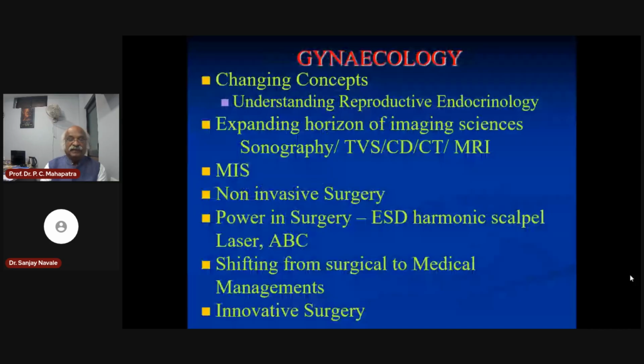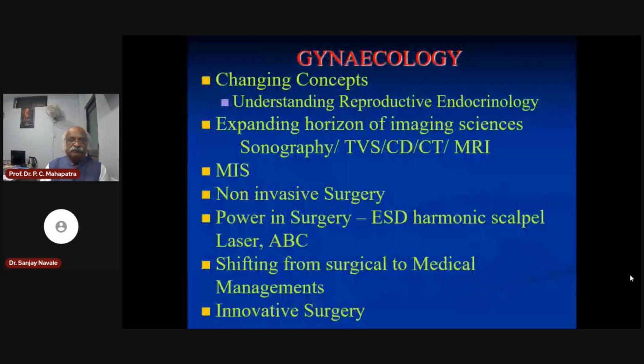Now non-invasive surgery: I label non-invasive surgery as vaginal surgery. Vaginal surgery is a no-hole surgery and a non-invasive surgery. It starts from genital prolapse to the different female urological diseases, and the hysterectomy, particularly the non-descent vaginal hysterectomy, which was being done by the laparoscopic surgeon.